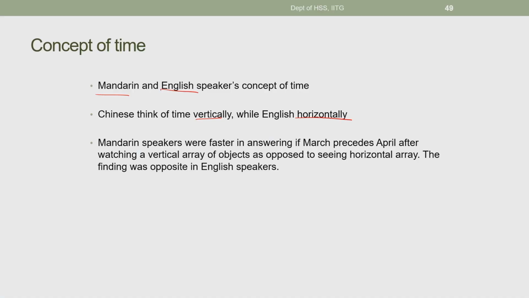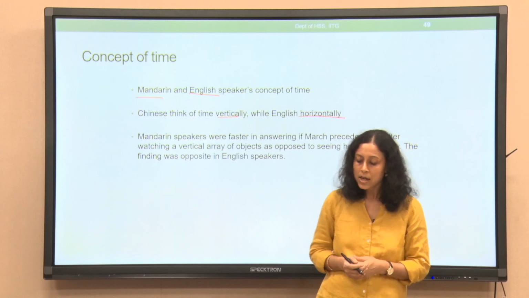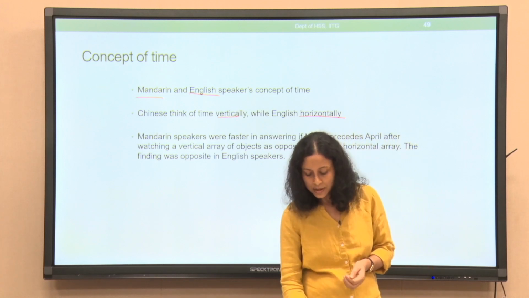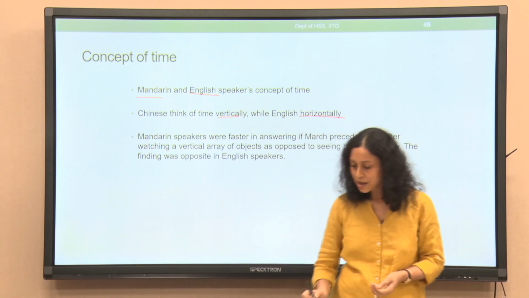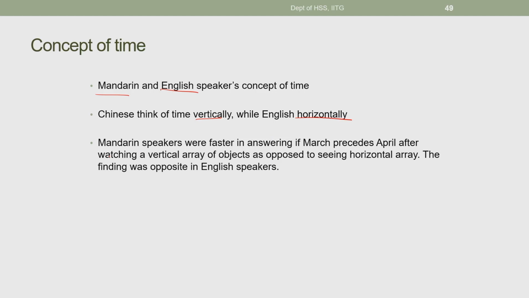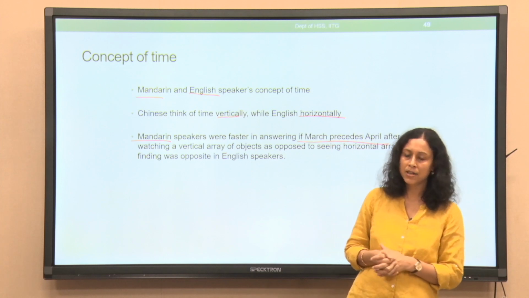Now, how do we know that the way script is arranged in a particular language has an impact on the way they think about time? By the way, most of these studies are correlational findings and not necessarily causation. This study was carried out on Mandarin speakers and the task was to answer if March precedes April. It is a simple task of answering a question if March comes before April or April comes after March.